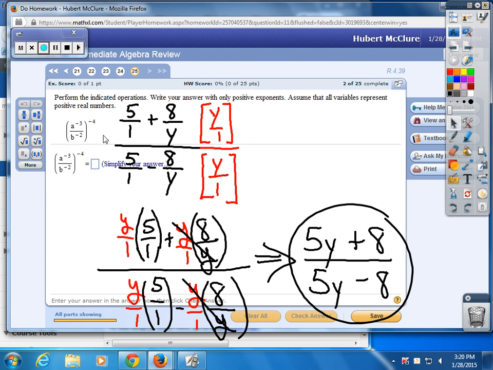You get b to the negative 2 over a to the negative 3 raised to the positive 4. Or you could distribute the negative 4 with the negative 3 and the negative 2 and get positive numbers. Either way you do it, you get the same answer. There's 2 or 3 different ways to do that one, but we've already covered this. This is inverse power rule.